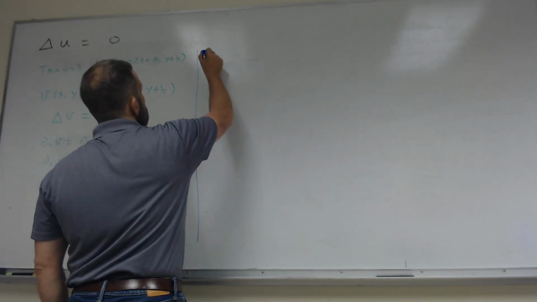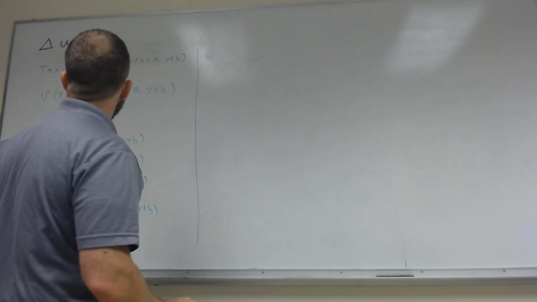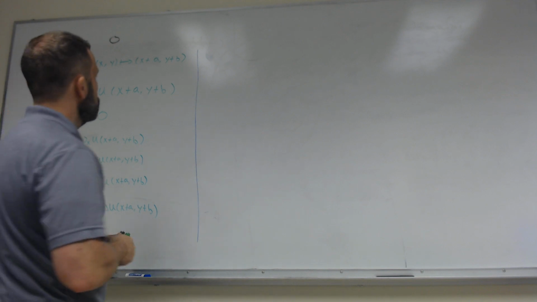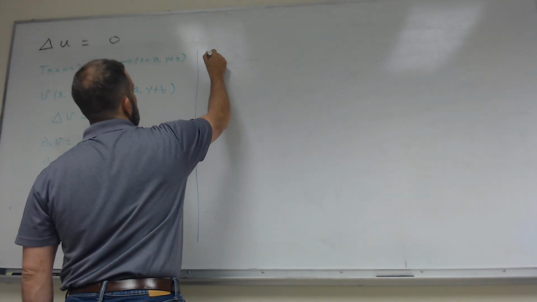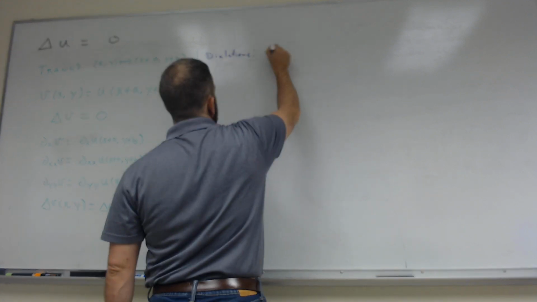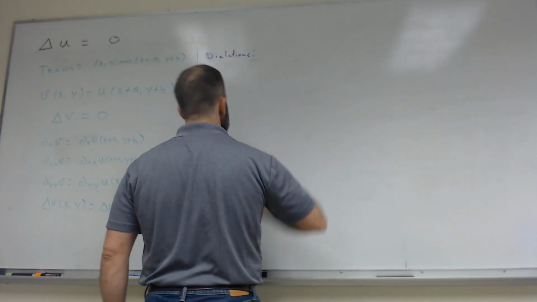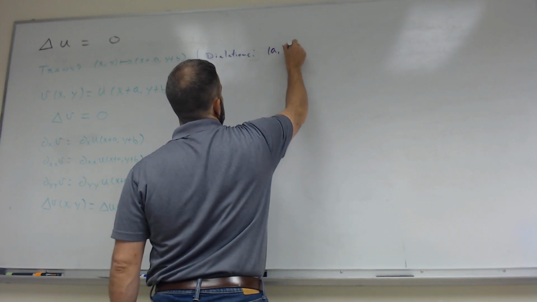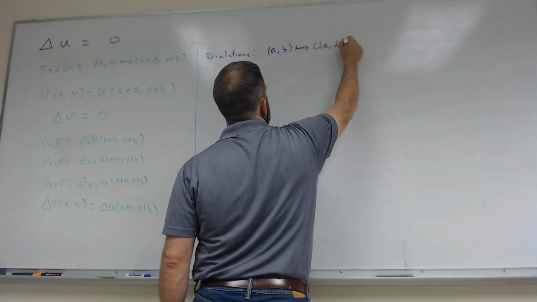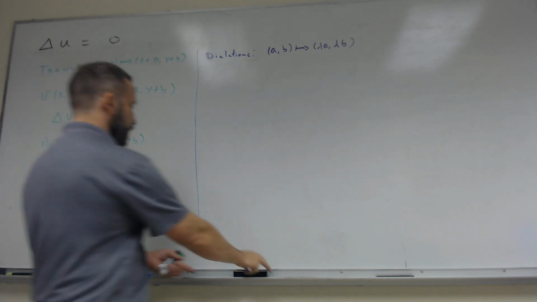So dilations, these take a point (x, y) and just scale it by some non-zero number. So (a, b) goes to the point (lambda a, lambda b). I meant to write x and y. I don't know why I wrote a and b. Same thing. It sends the point (a, b) to the point (lambda a, lambda b).